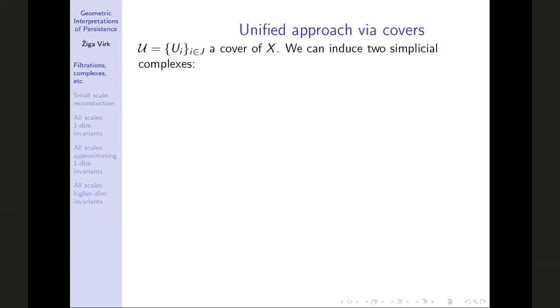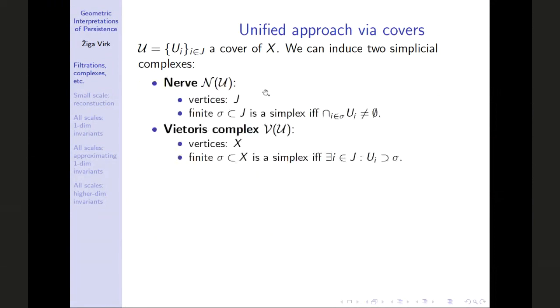Okay, so as we said, first we want to describe Rips complexes as covers. So let's try a uniform approach. This is pure topology school. Let's start with a cover of a space. It's called U. And given this cover, we can naturally introduce two simplicial complexes. One is the nerve of the cover, which we all know very well.